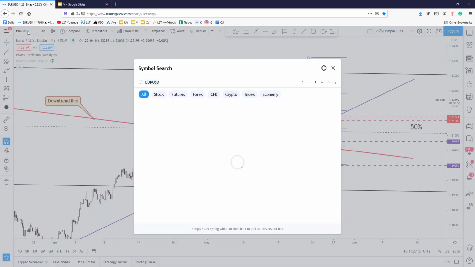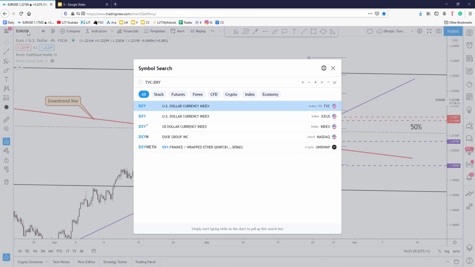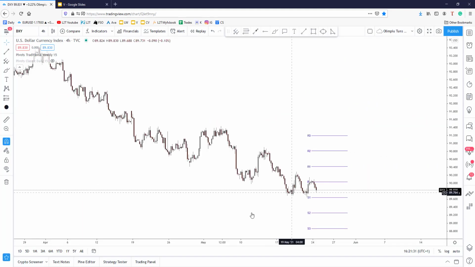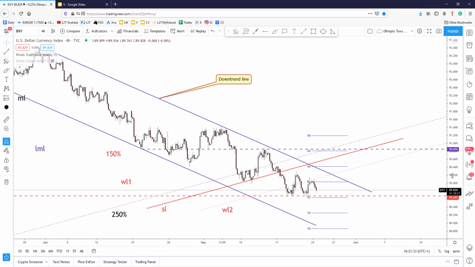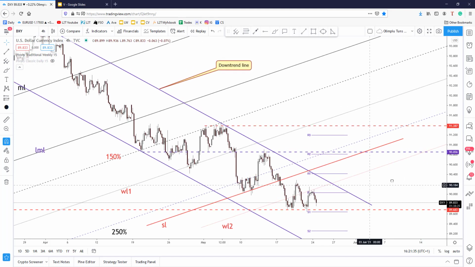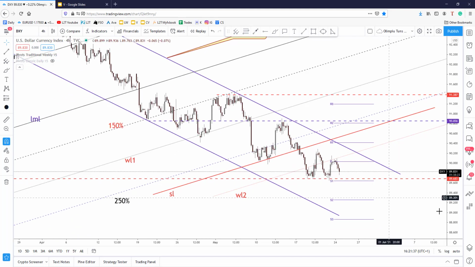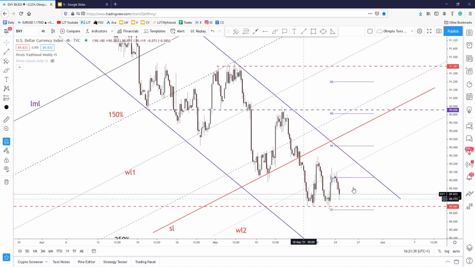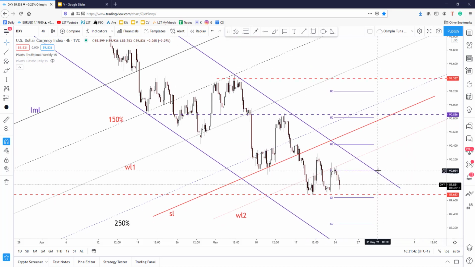So the DXY is bearish, and that's why the dollar is bearish versus its rivals. This false breakout above the second warning line and this failure to stabilize right above the weekly pivot point signaled this drop and the current US dollar's depreciation.